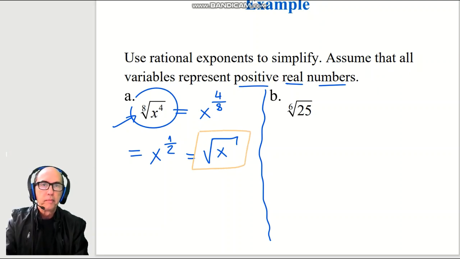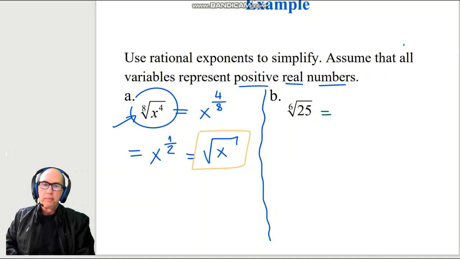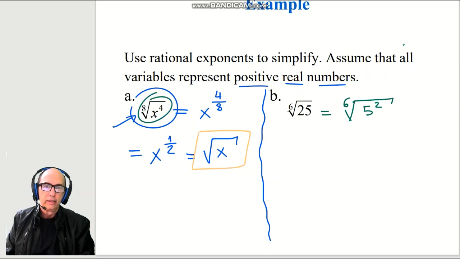Okay, next one. Say we have 6th root of 25. We kind of remember that 25 is 5 squared, right? So 6th root of 5 squared. Now we can do the same thing we did here.